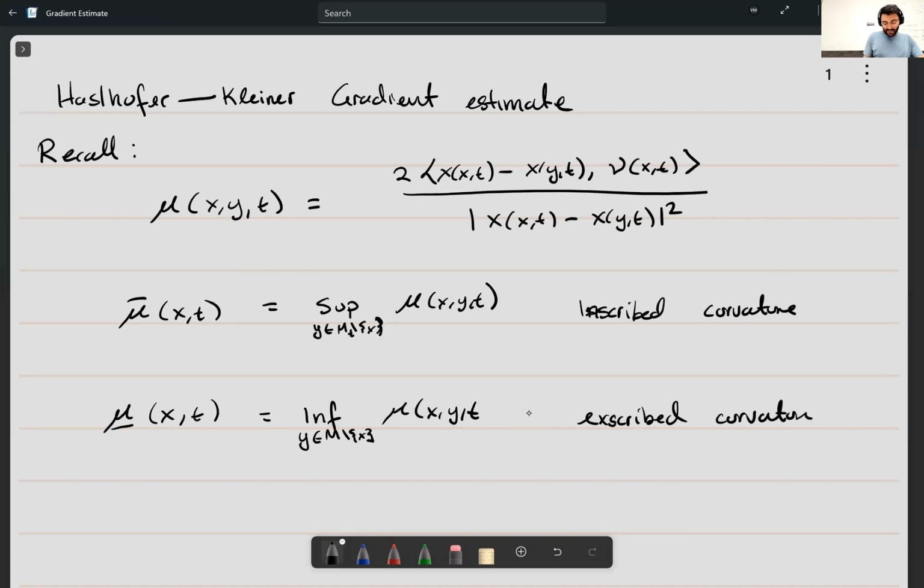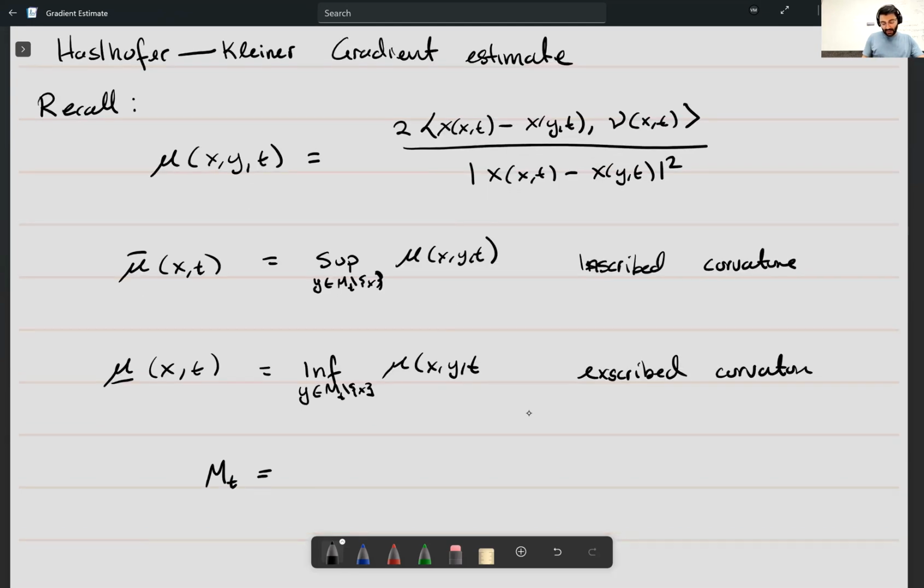And here M_t is shorthand for X(M, t) if X is a solution to mean curvature flow.